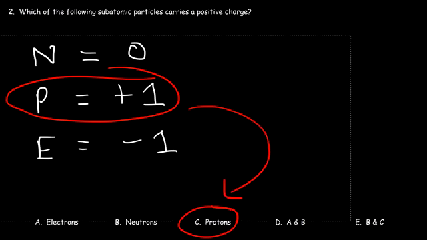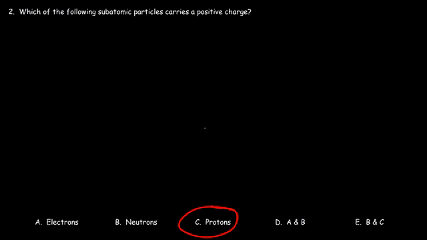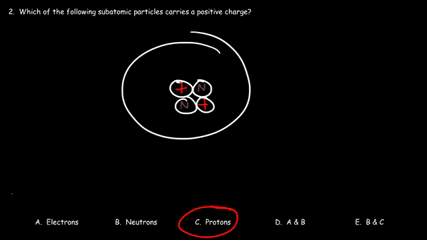Now going back to the structure of the atom, I have some questions for you. So we said that at the center we have the protons, which carry a positive charge, and the neutrons, which carry a neutral charge, or no charge at all, and the electrons, which orbit it, and they carry a negative charge.